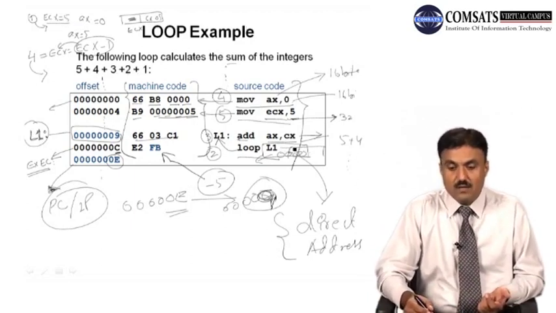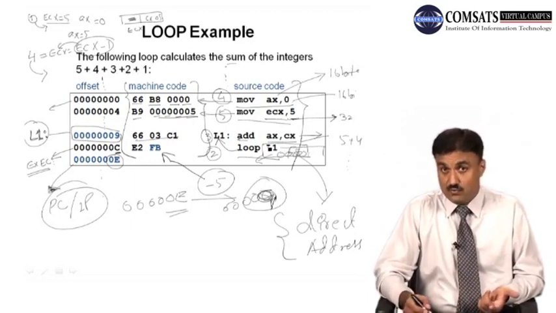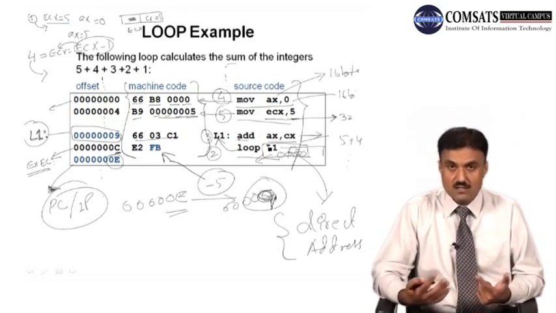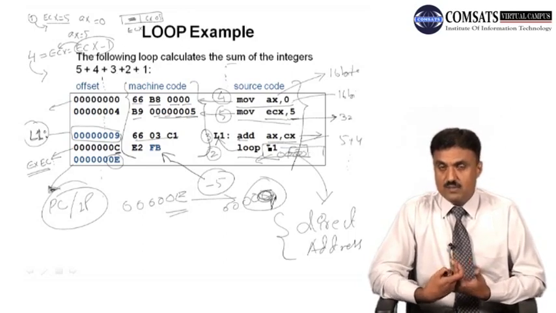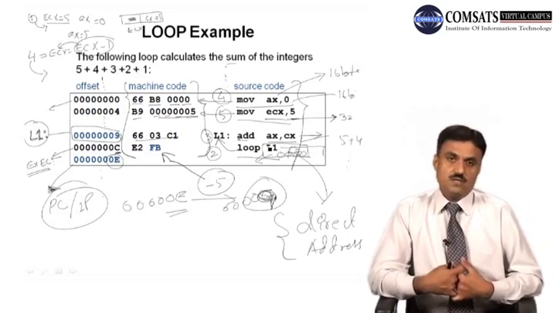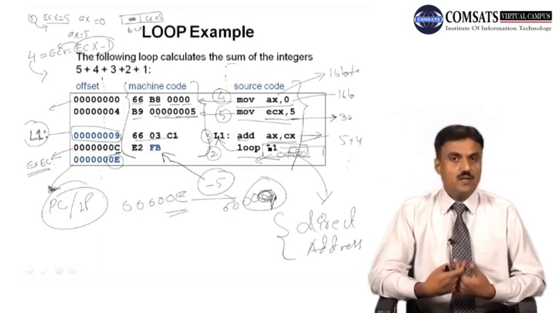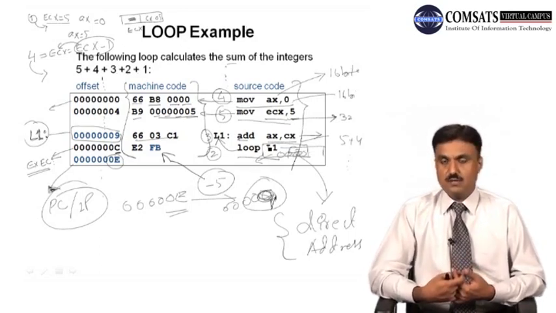It will decrement, and in the ECX, definitely if you decrement 1 from the ECX, the result will be 0, and 0 will be stored in ECX register. And if the condition is not true, then what will happen?